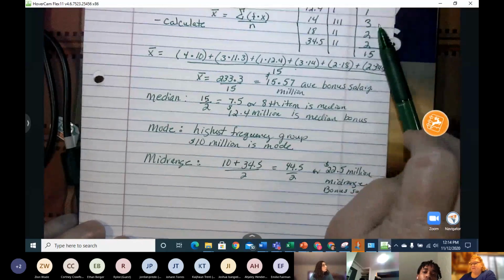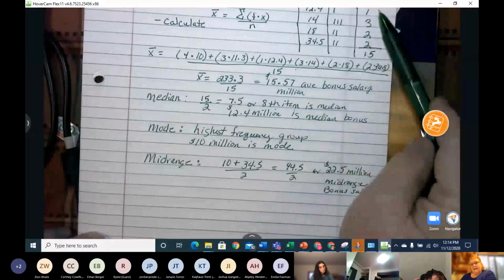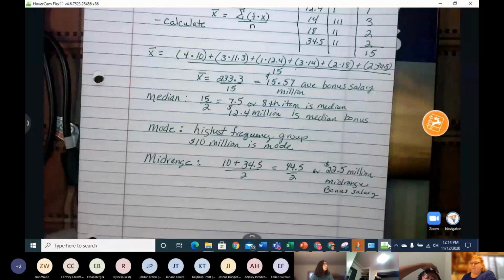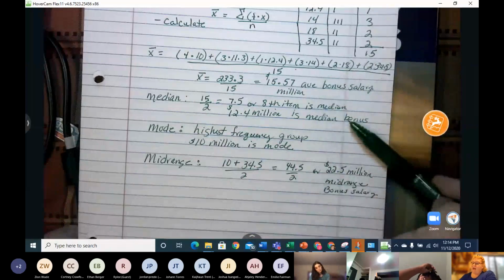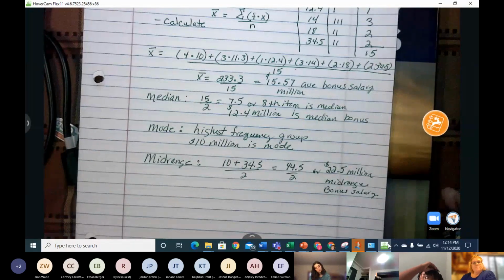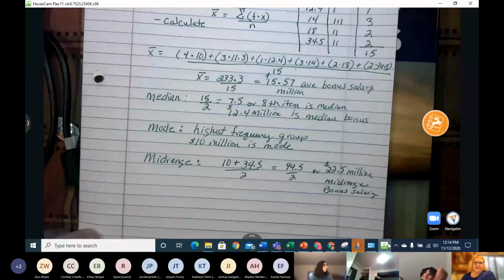The frequencies really only came into play when calculating the mean and when determining the mode. We did use the frequencies to help us find the median in terms of which item to select, but it all goes back and ties into what is the actual amount. So be careful with that.